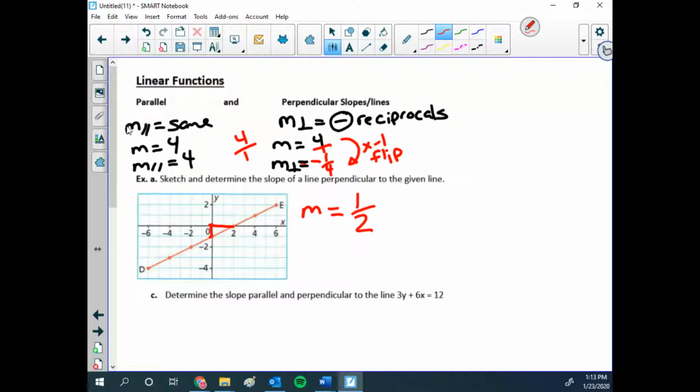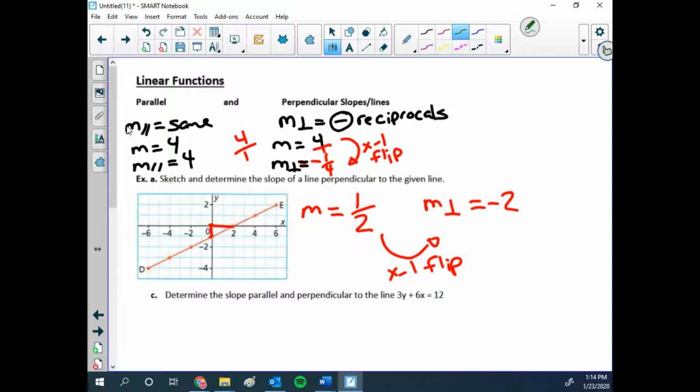Now they want me to create another line that is perpendicular. What is the slope going to be? -2 over 1, right? I take the negative reciprocal, times that by -1, and flip it.